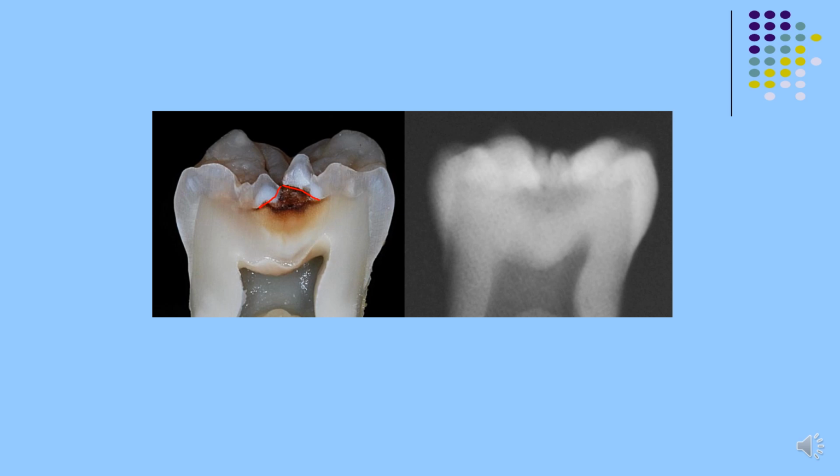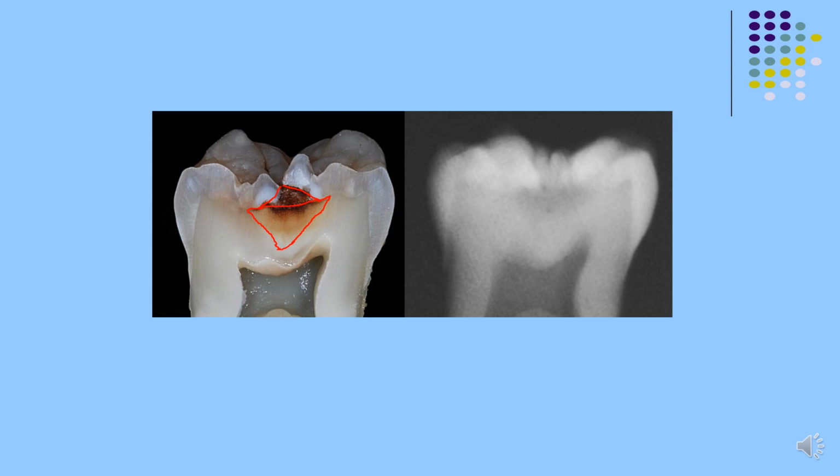Once it has reached the DEJ, it spreads laterally further, and then again the lesion forms a conical lesion with the apex towards the pulp. So this is the difference in the progression of enamel caries in pit and fissure lesions as compared to smooth surface lesions.